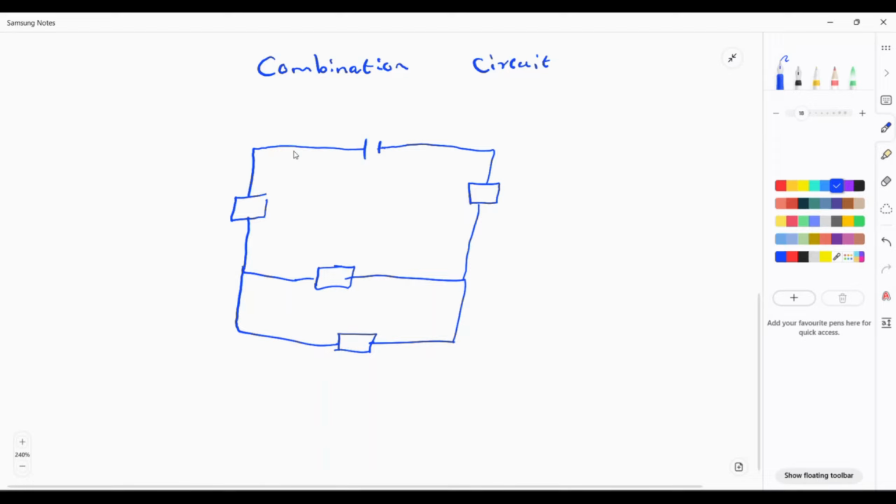And then let's say we have an ammeter, which is measuring the current over there. And then this is our R1, R2, R3, R4. Okay, it's fine. So now what's going to happen?